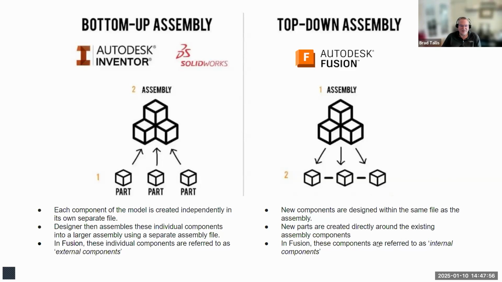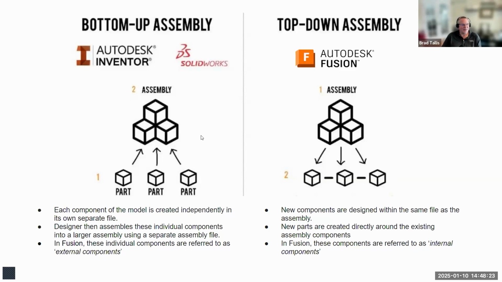In Fusion, these components are referred to as internal components. You can think of it as you're in one design, you've got multiple components, all assembled together in one design. I even showed that in the bike example. I started creating an assembly structure, and then I started creating the individual sprockets, right?